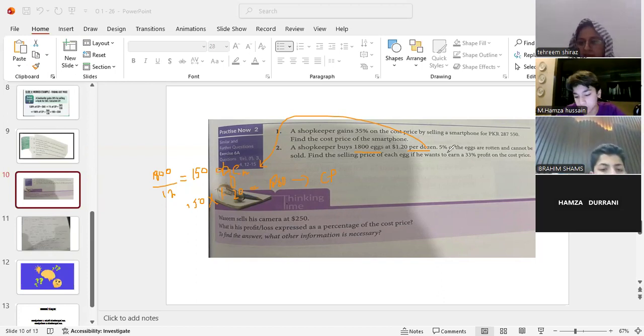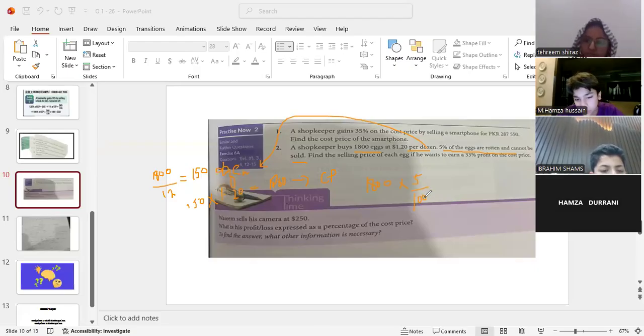Now the next part says 5% of the eggs are rotten and cannot be sold. Out of the total eggs, which were 1800, 5% were rotten. We have to subtract those 5% eggs.